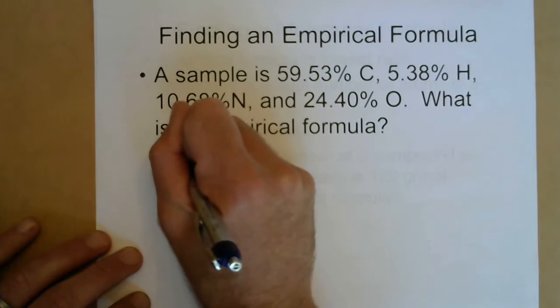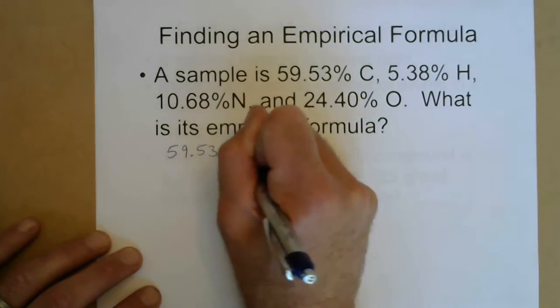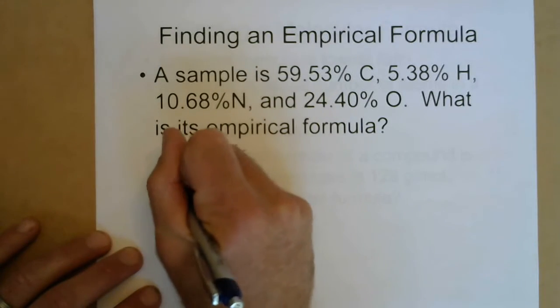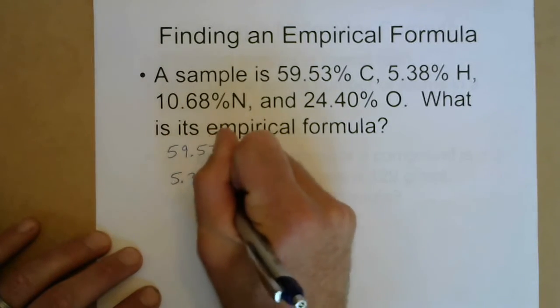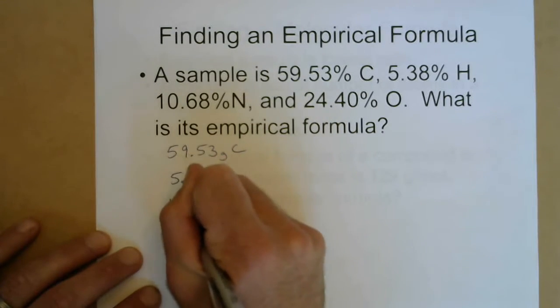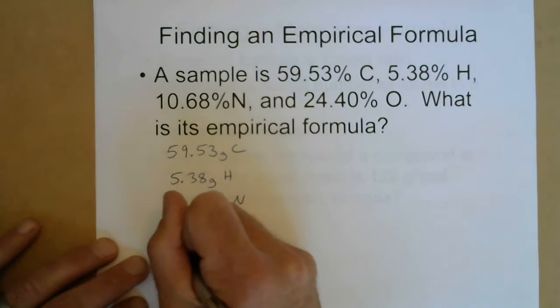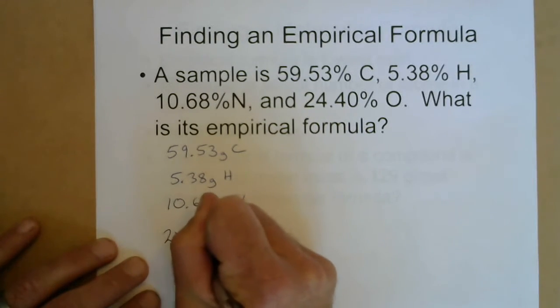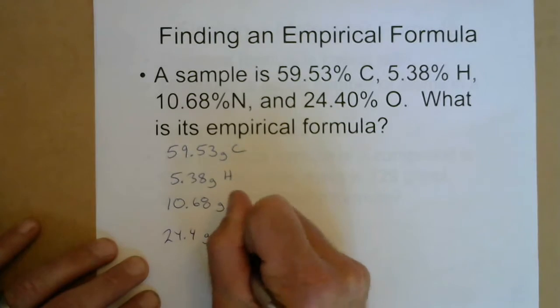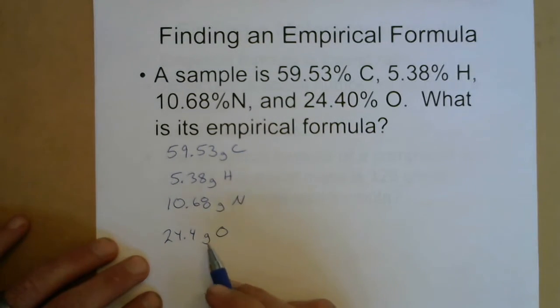And that would mean we have 59.53 grams of carbon, 5.38 grams of hydrogen, 10.68 grams of nitrogen, and 24.4 grams of oxygen.